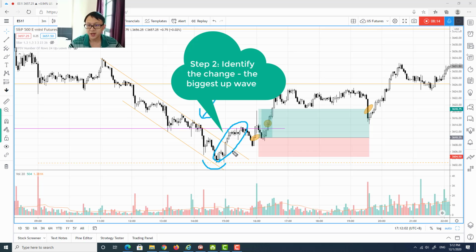We just want to identify an up wave which is better than anything else that we have seen within this down channel. You can see that all the up waves within this channel are very short-lived, and they just show a very weak rally followed by an impulsive down move.